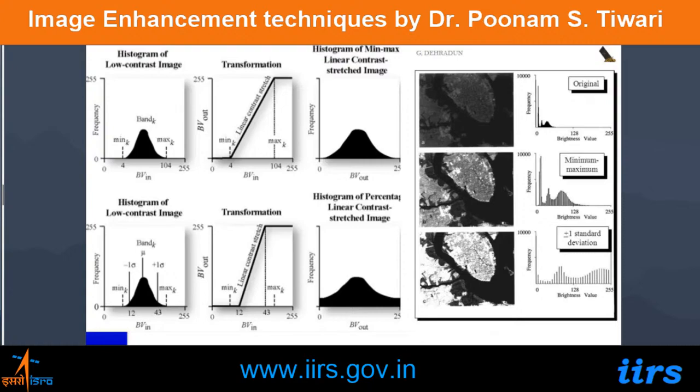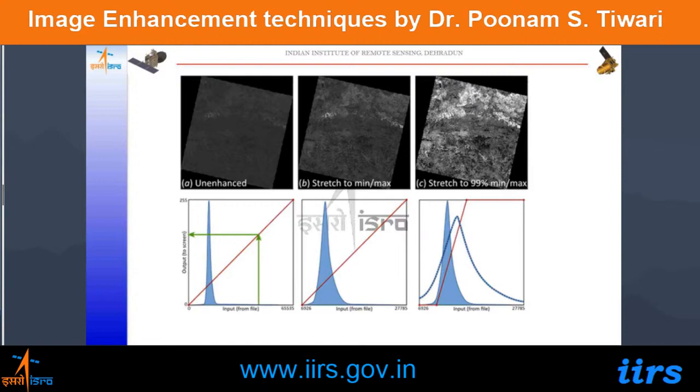At 100%, the image was appearing hazy and many features were not identifiable. Whereas with 99% stretching, we are losing the information of 1% of pixels, but for the other pixels, the contrast is now highly improved.